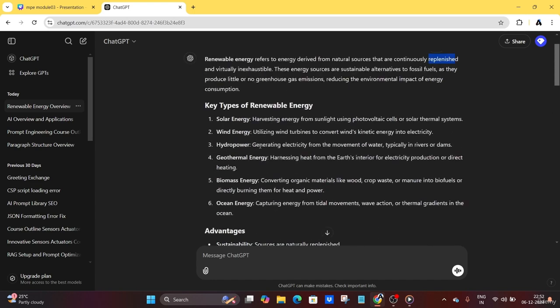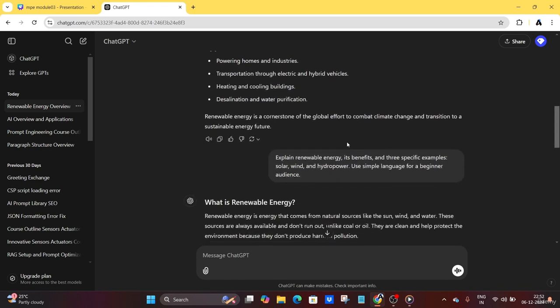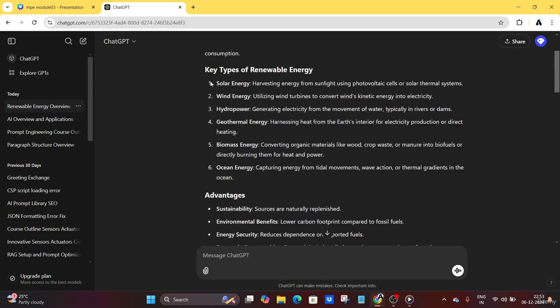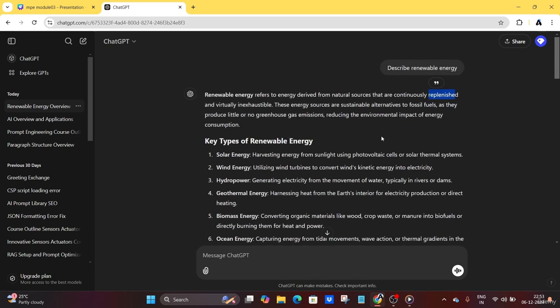So I guided the AI: explain renewable energy, its benefits, and three specific examples, and use simple language, because I have to learn renewable energy in simple language. When I got this idea after analyzing the first output, that is what prompt engineering is.